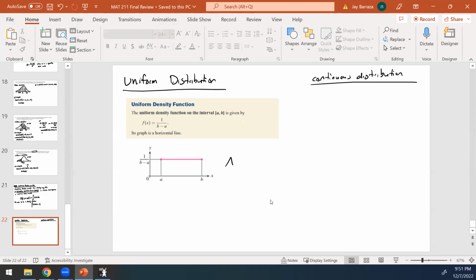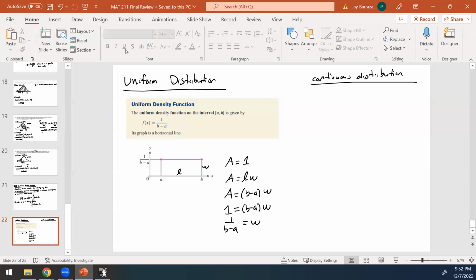Remember, area has to be equal to 1, and the area of a rectangle is length times width. So b minus a times w has to equal 1, so w is equal to 1 over b minus a. That's how you get the height. But you don't have to memorize that. You just have to remember the height is 1 over b minus a.